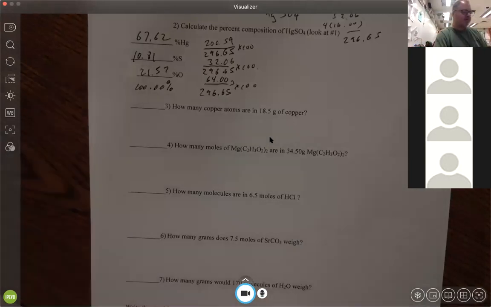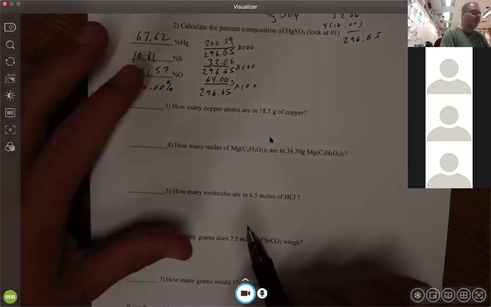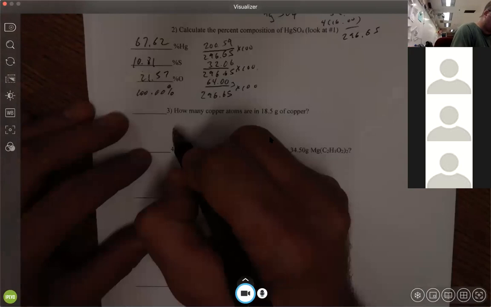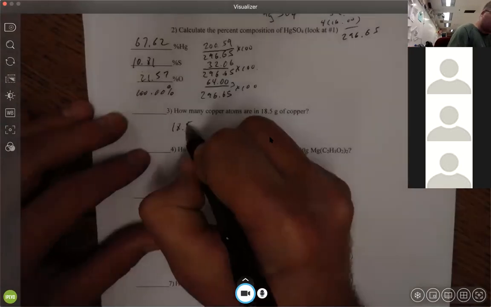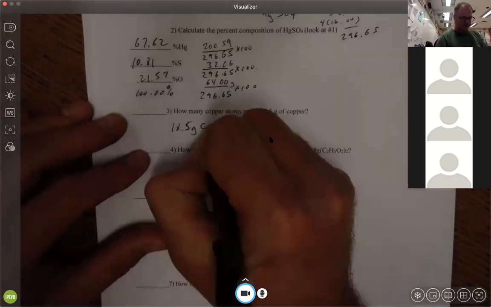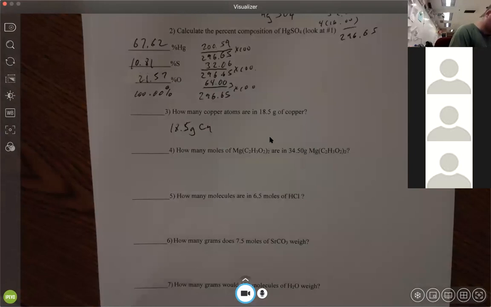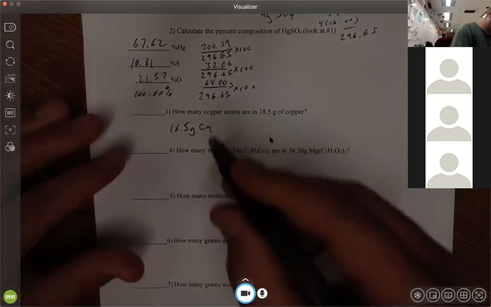How many copper atoms are in 18.5 grams of copper? 18.5 grams of Cu. So we have grams of copper, so we know grams is going to go on bottom.